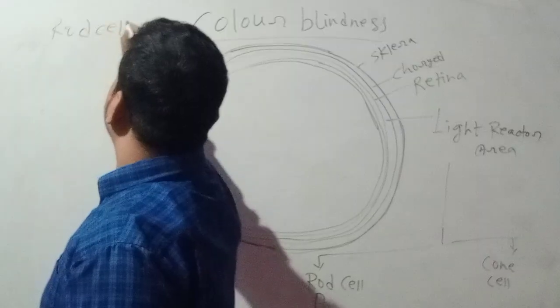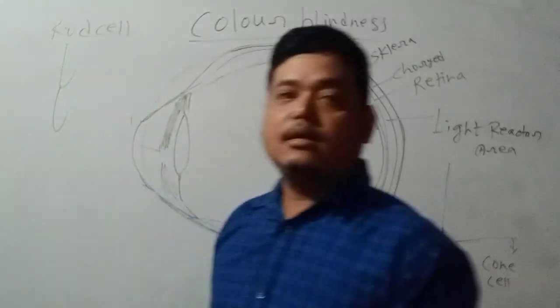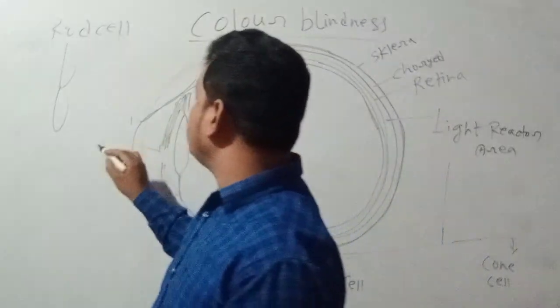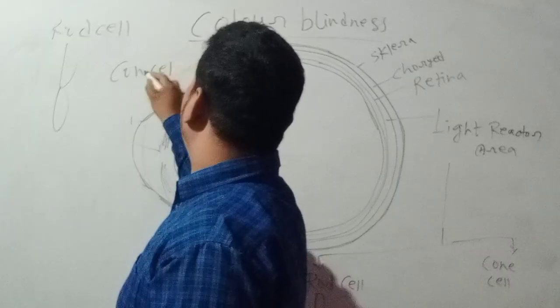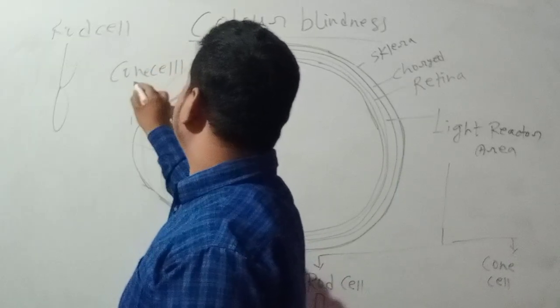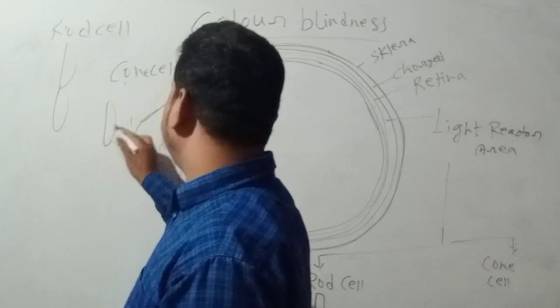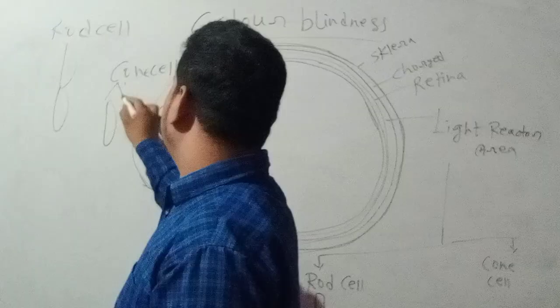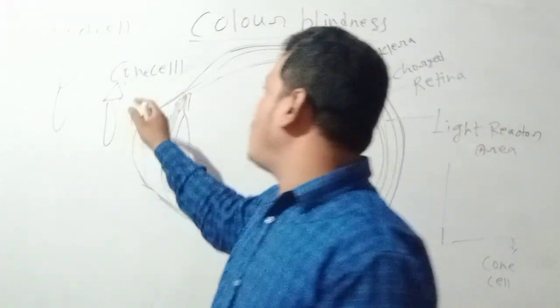Rod cells have two parts, and their structure is like that. And the cone cell also has two parts: the lower part is rod-like, and the uppermost part has a cone-like structure, so this is called the cone cell.